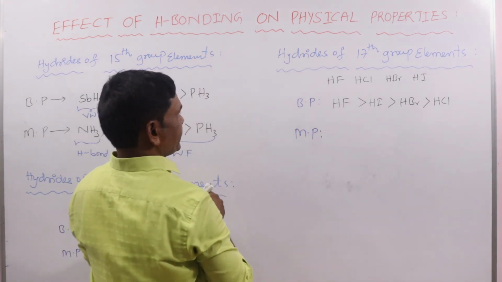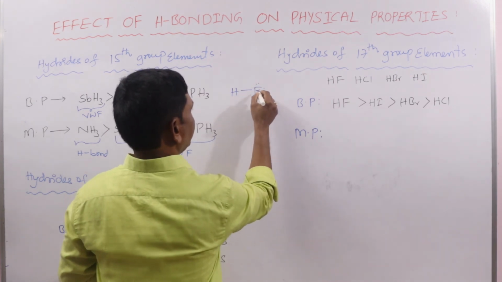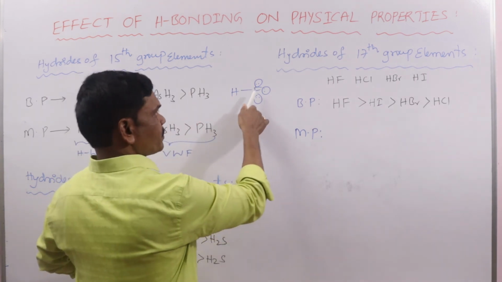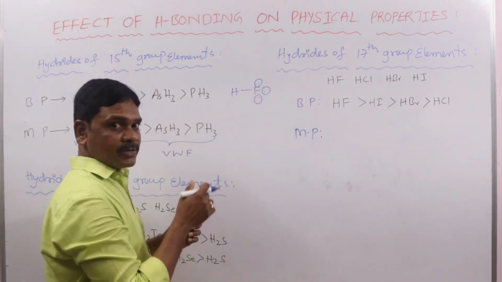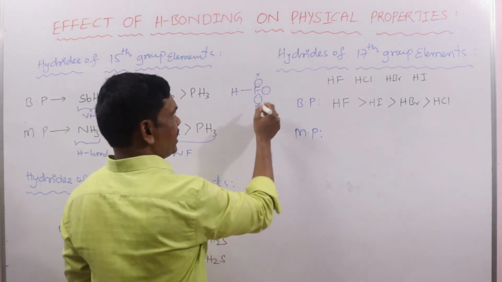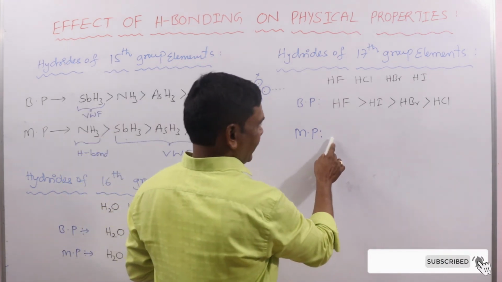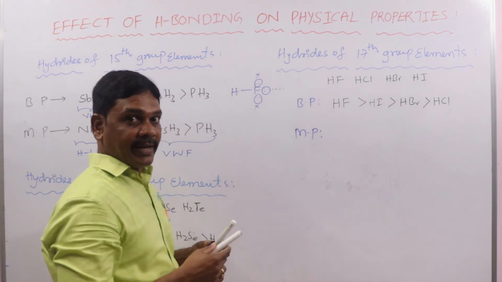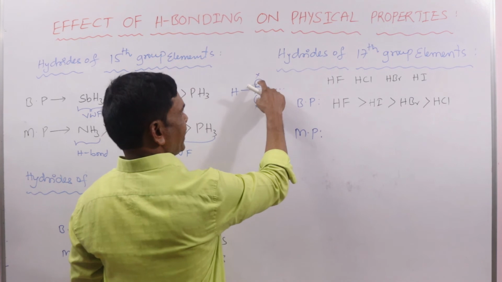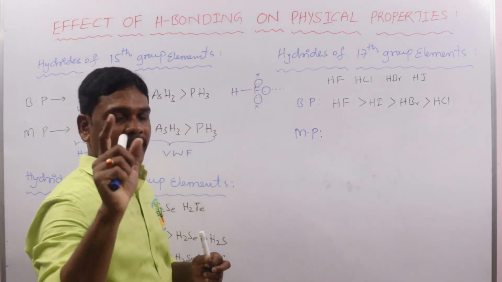In case of hydrogen fluoride, there are 1, 2, 3 lone pairs, but due to small size of fluorine, these two are not involved in the formation of hydrogen bond, so only one is involved. But in case of solid, these two lone pairs are not involved in the formation of hydrogen bonding, they cause repulsions.